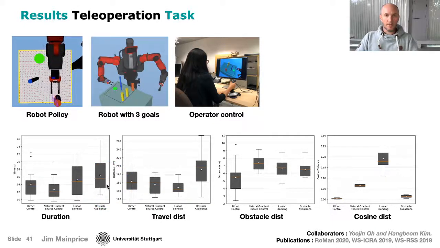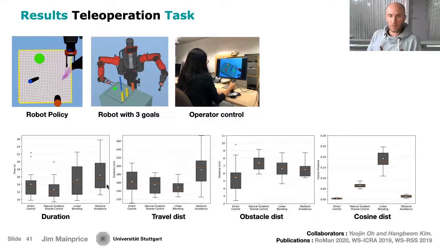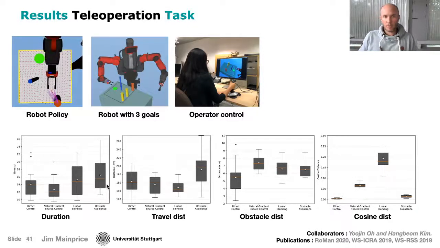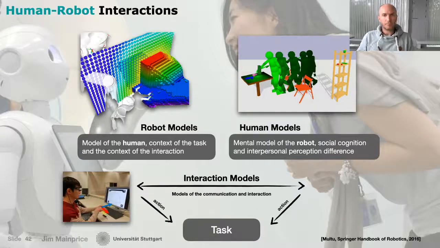So the takeaway is that with this natural gradient descent, where the action is on the tangent space of the state space, we basically have maximum control authority while keeping all the benefits from considering the robot's optimal policy. Okay, so in conclusion, I presented things about robot and human models.